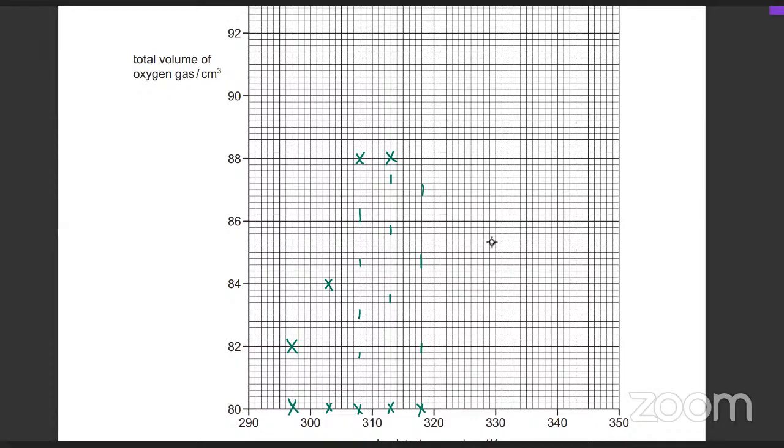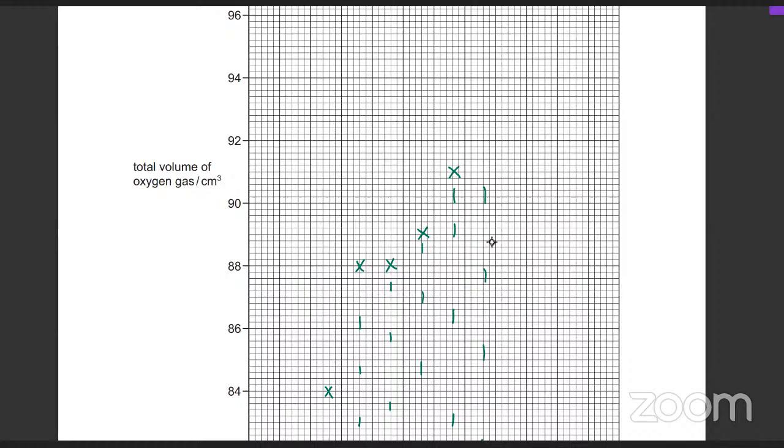And 89. 323. 89 will be in the middle, right? That's 89, right? 323, 91. 323 and 91. That's this. 328, 93. 93.